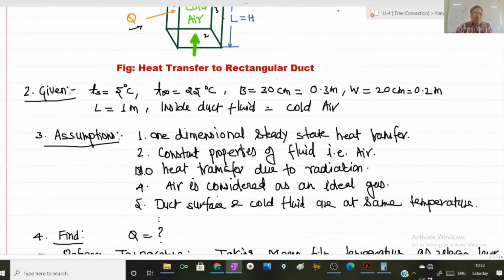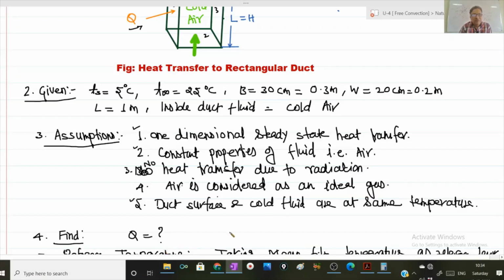Let us make some assumptions. So assumption number 1, one-dimensional steady state heat transfer. 2, constant properties of fluid, that is surrounding air. 3, no heat transfer due to radiation, purely convective heat transfer we are considering. 4, air is considered as an ideal gas, so we can use gas laws and relations applicable for ideal gas.